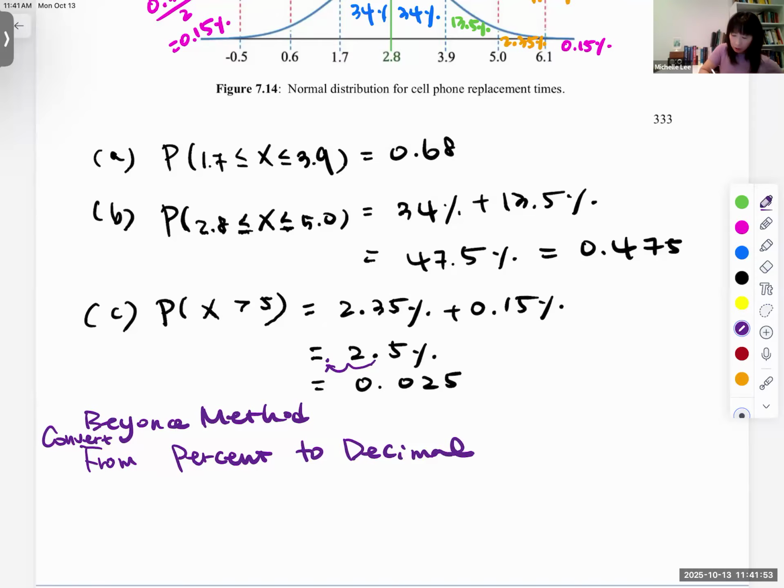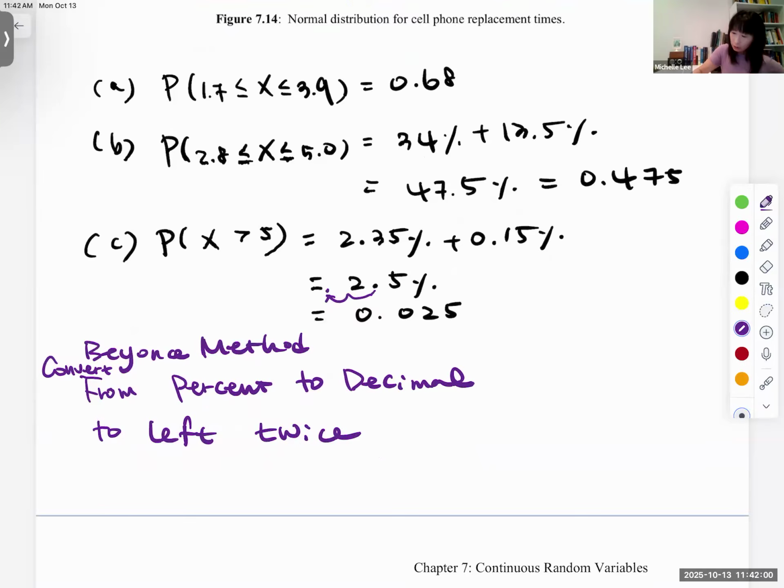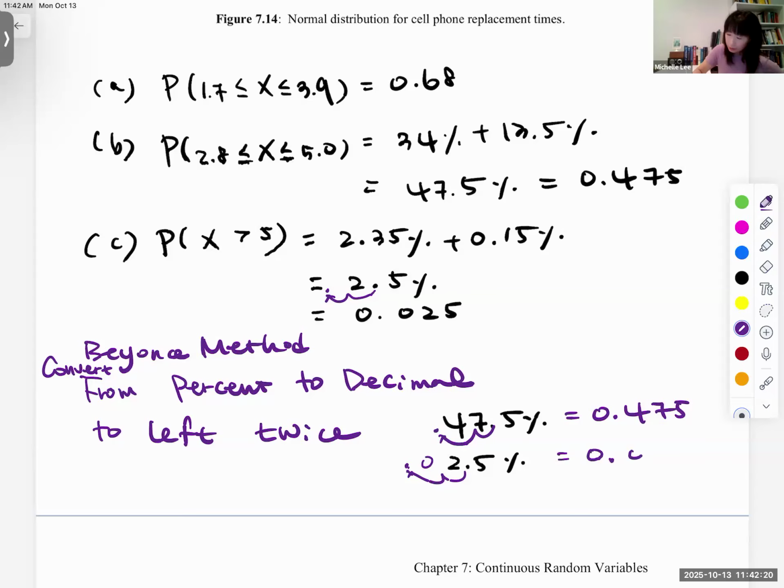So we move the decimal to the left twice. So 47.5%, 1, 2, is 0.475. We have 2.5%, 1, 2, so we have 0.025, right? All right.